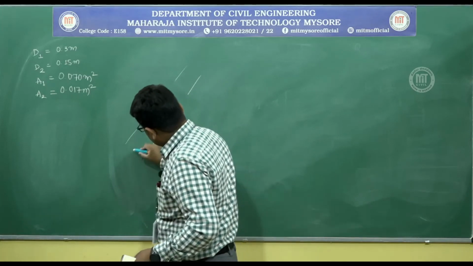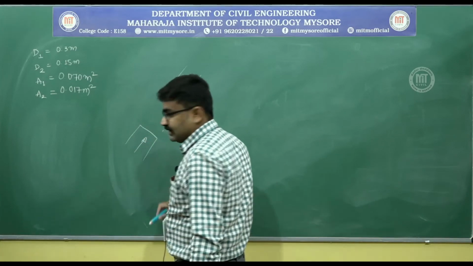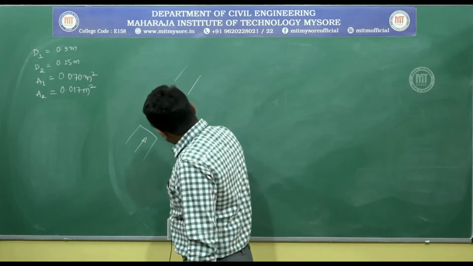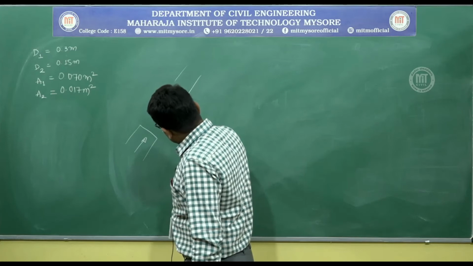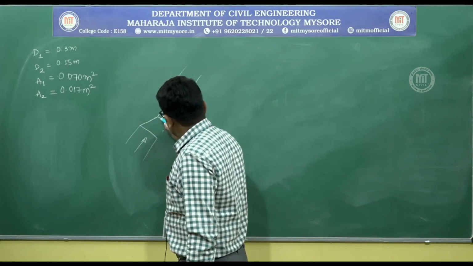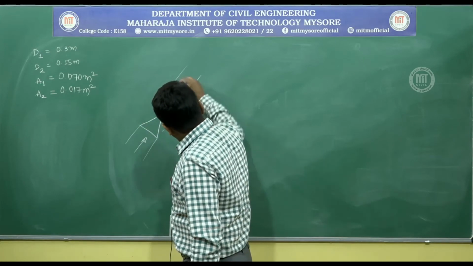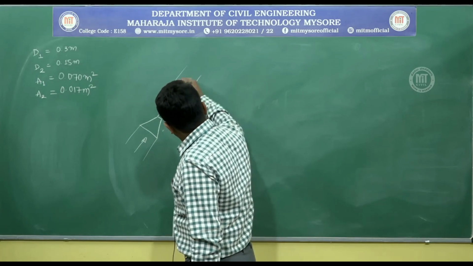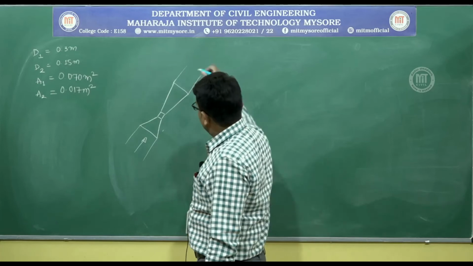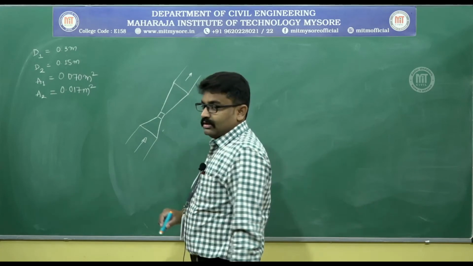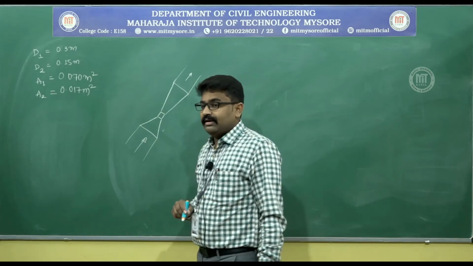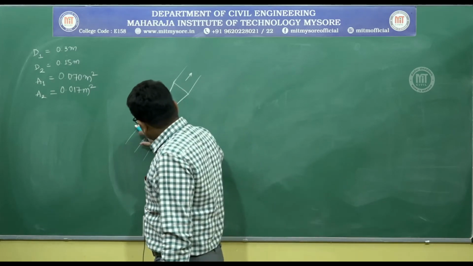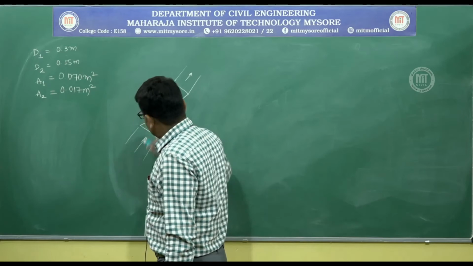Say this is the inlet, and this is the direction of flow, and you have a throat section to which the convergent and the divergent parts of the venturimeter are connected, and flow continues here. So, inverted U-tube manometer is connected between inlet and throat. So, this is the inlet and this is the throat.